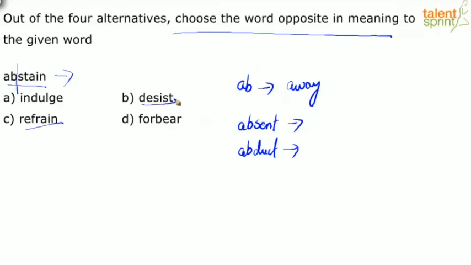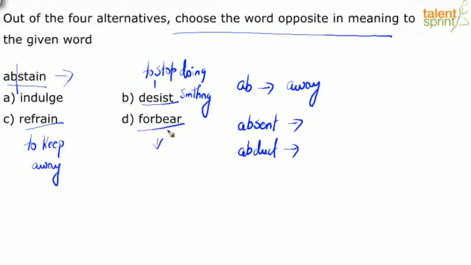Desist, resist, to stop doing something. It has the same meaning as resist. Desist, when I say desist, I'm saying I'm stopping myself from doing that, to stop doing something. When I'm saying refrain, I'm keeping away from it.